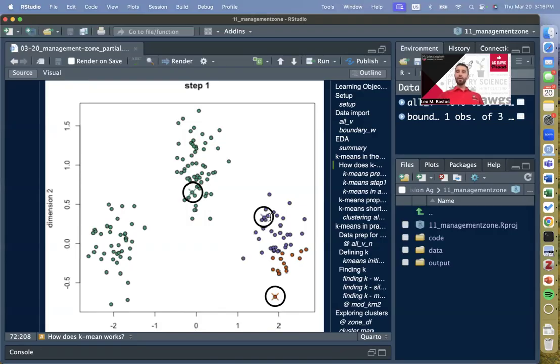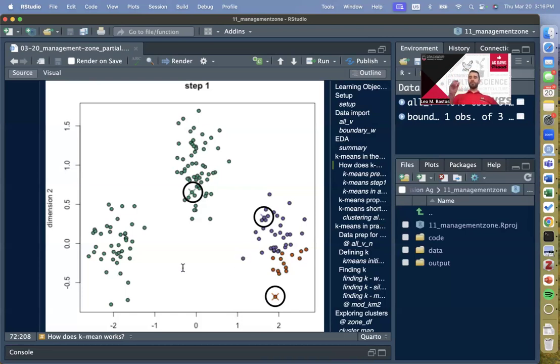Whichever is the smallest distance is going to be the membership of that point. So here this point is purple because the distance from this point to the center of the purple cluster is the smallest. So that's why in the first iteration this became a purple point, part of the purple cluster. But this is just the first iteration.